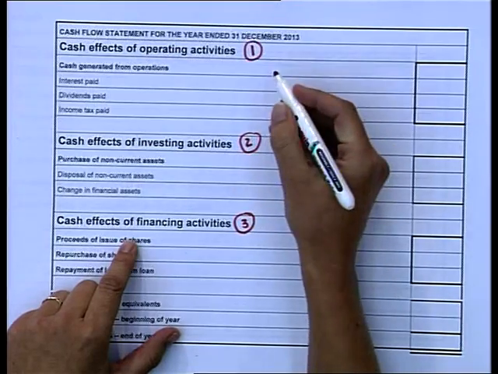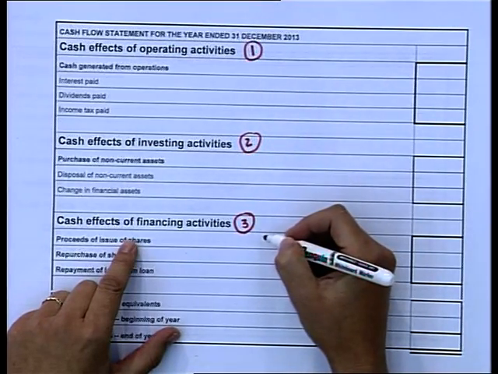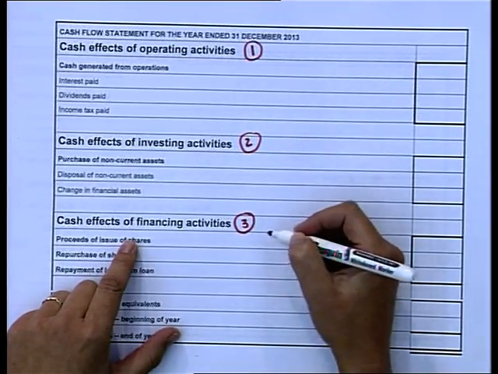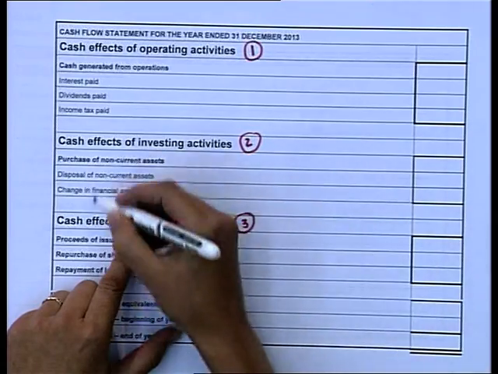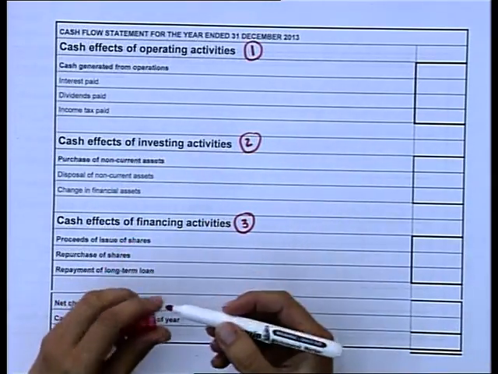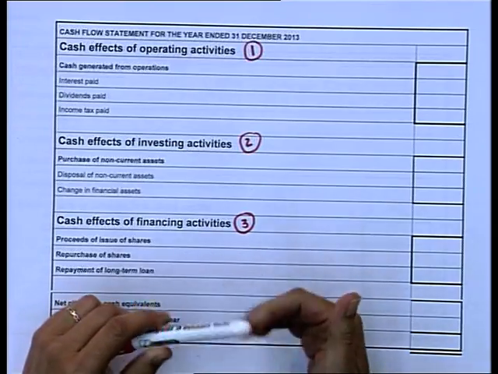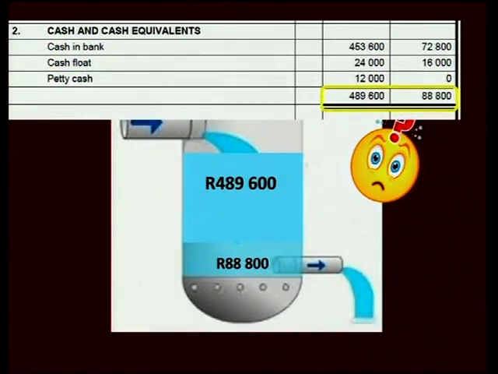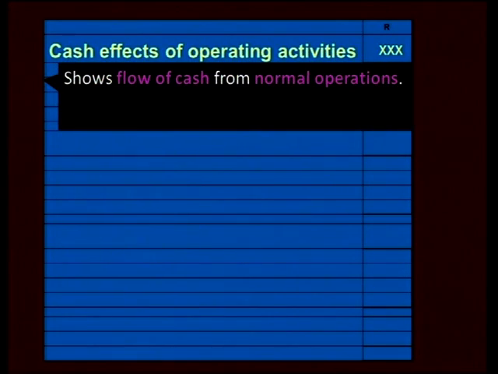These 3 main sections will try to explain to you how the cash traveled through the company in order to get you to the bottom of 489,600. So if we just look at that again, the first part of a cash flow statement looks at the cash effects of the operating activities, which shows the cash from normal operations.